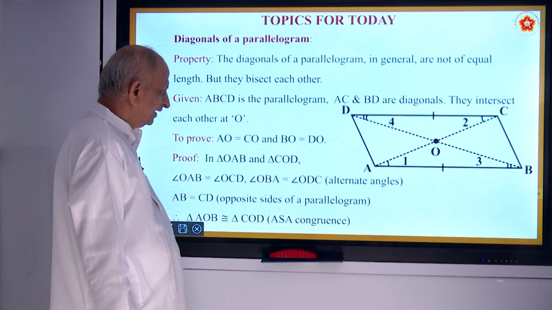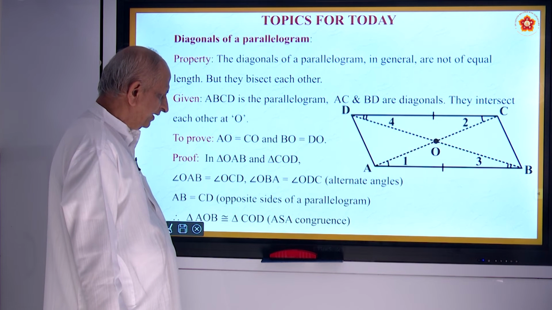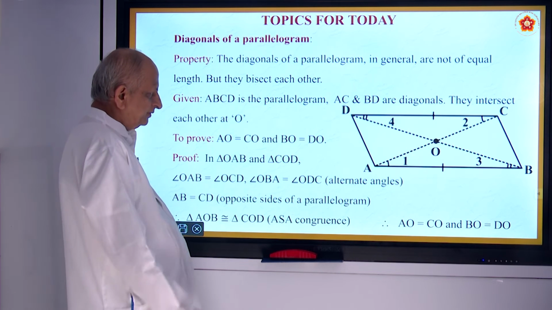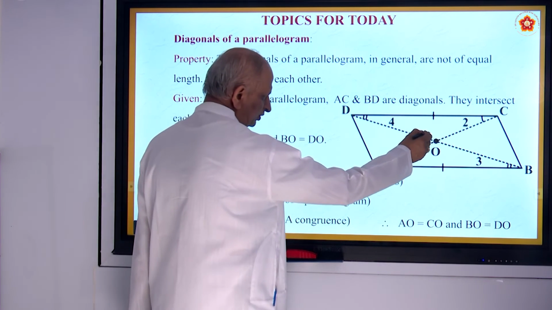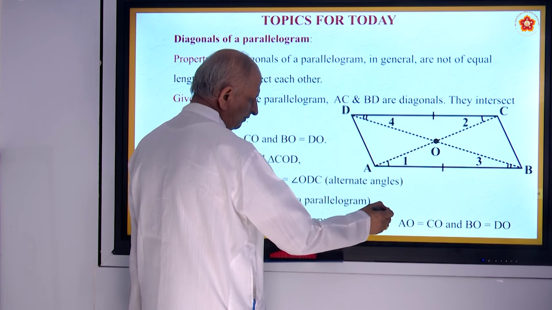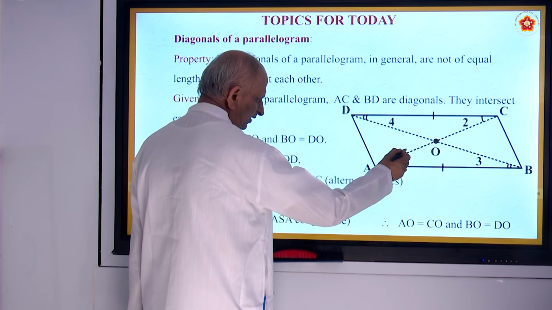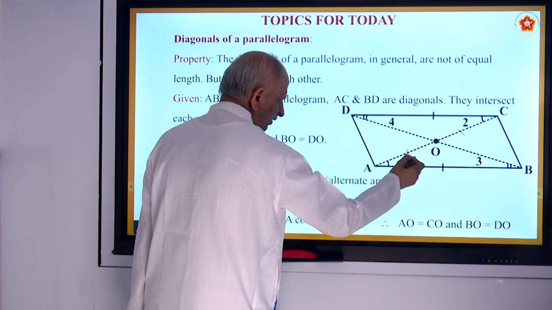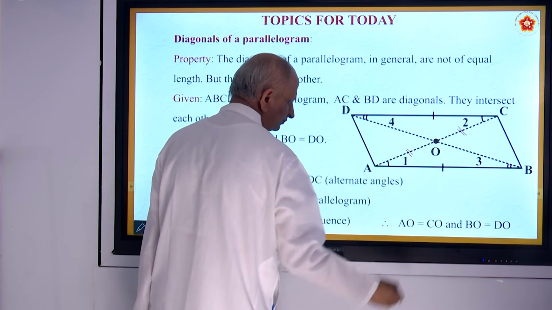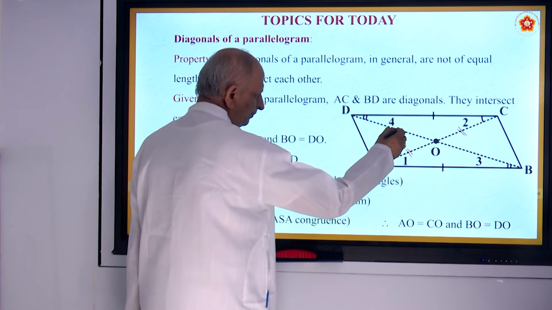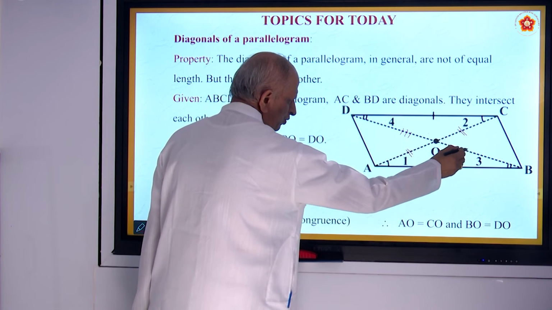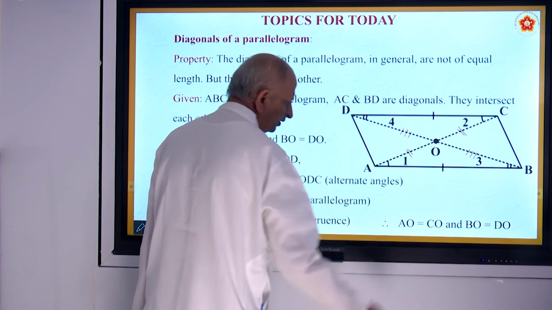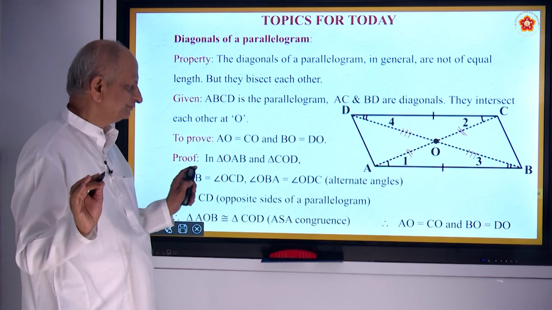What do you mean by remaining angles and sides? Remaining angles means the third one, these three will be equal. We want only sides now. What are the sides here? AO is equal to OC. Also BO is equal to OD. So what is the conclusion we make?